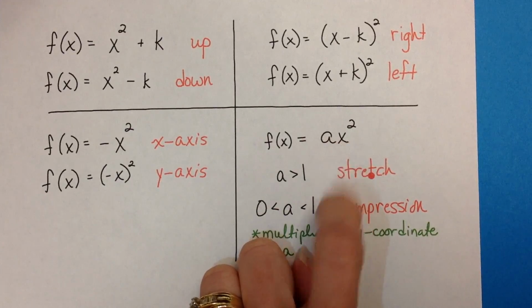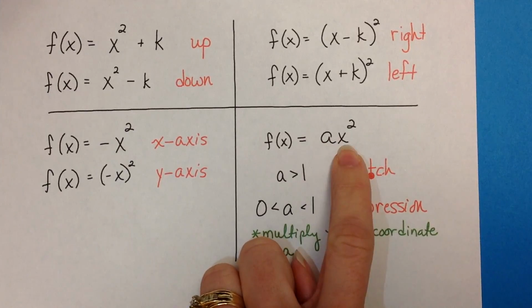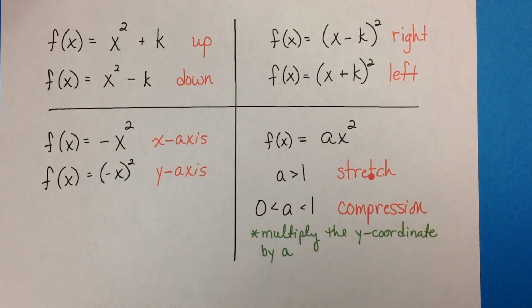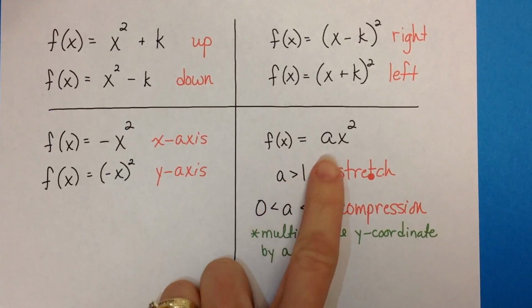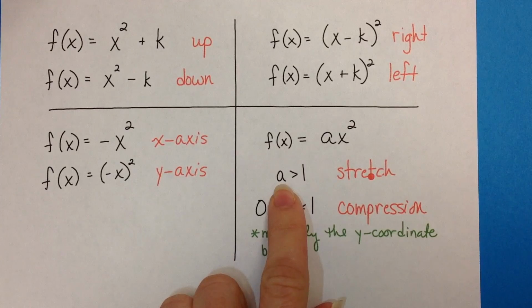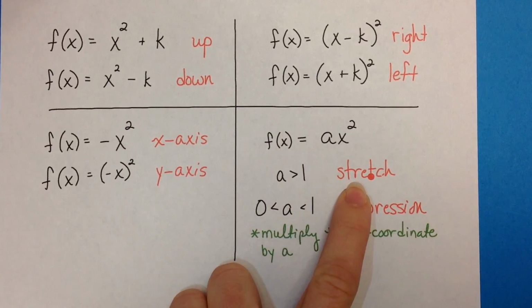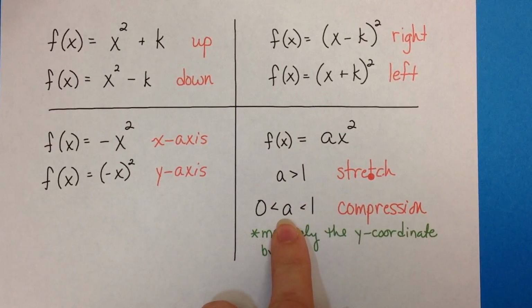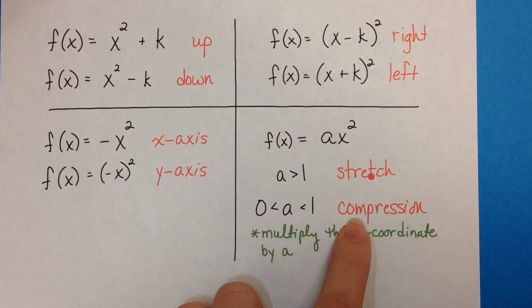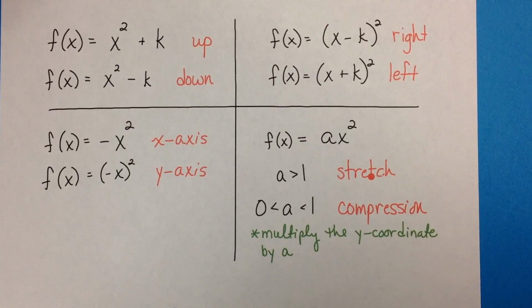So 2 times x squared, 1/2 times x squared. Now when we go to work the problems, we're going to work them all the same way. But if this number a is bigger than 1, then it's called a stretch. If this number a is between 0 and 1, then it's referred to as a compression or a shrink. Just go ahead and write this little note down. I'll explain what that means when we start working some problems in a little bit.